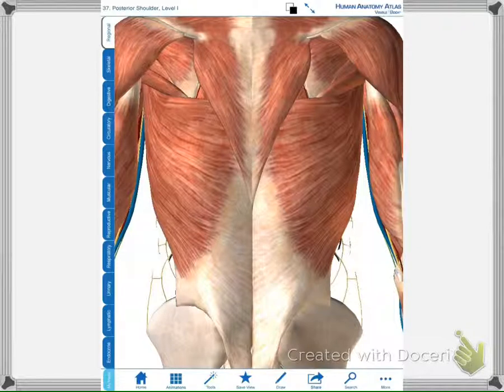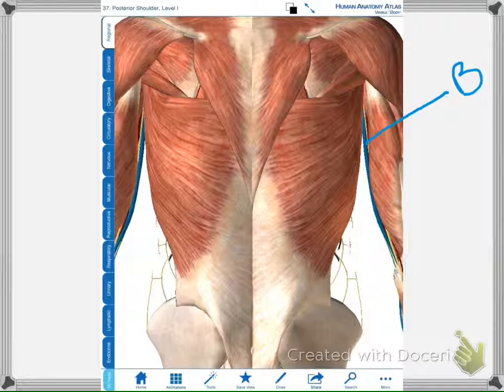Let's now take a look at this next view. Again, here is our basilic vein medially, and it will run medially on the brachium and antebrachium. So be aware. Also adjacent to it will be several nerves, and we'll discuss that in just a little bit.